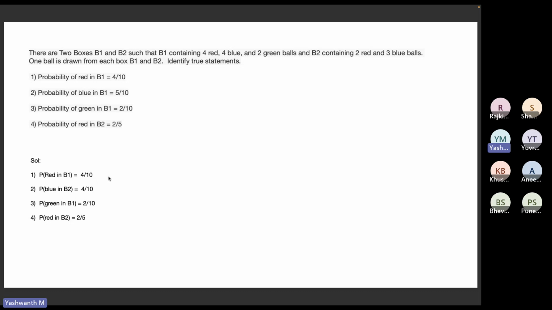That's why it is 4 by 10. What if I change this question to say I pick two balls from box B1 and both of them are red? So what would be the answer in this case?